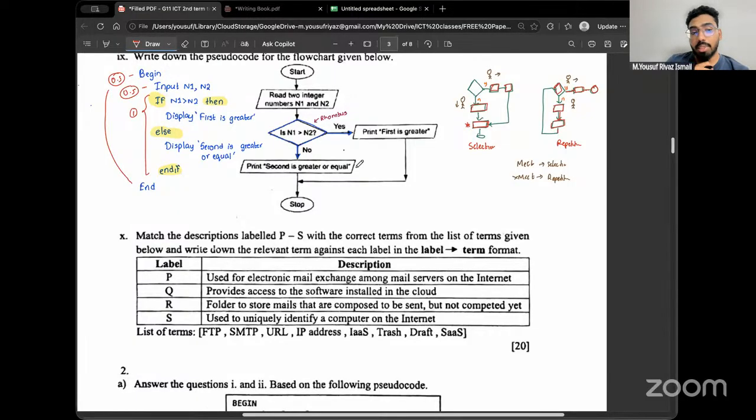Match the description labels P to S with the correct terms from the list of terms given below, and write down the relevant term against each label in the label-term format.